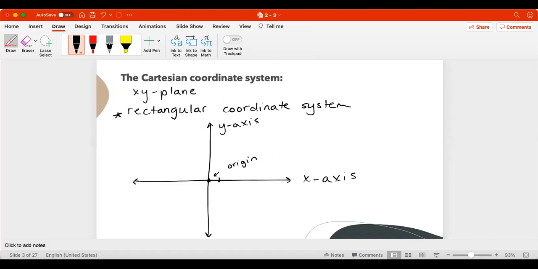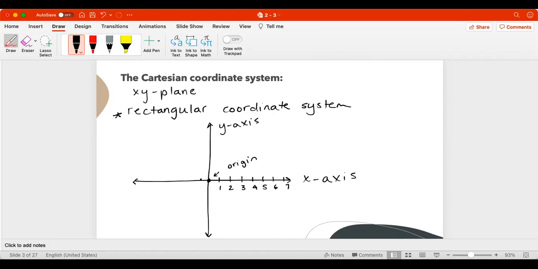And then if you go to the right, I'm going to make these tick marks. I'm going to try to evenly space them. I'm going to let each one of these tick marks be a unit. And this arrow means it goes on forever. So if you move to the right of the origin, the numbers increase.